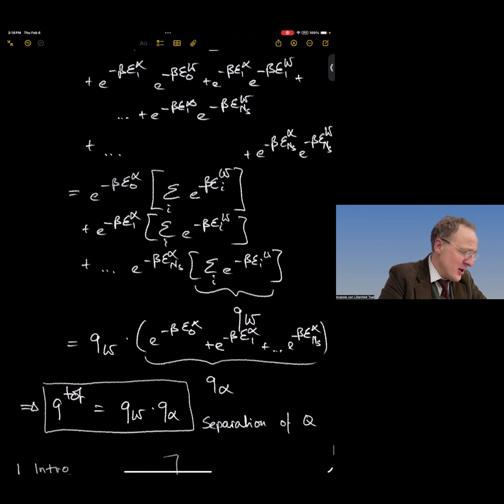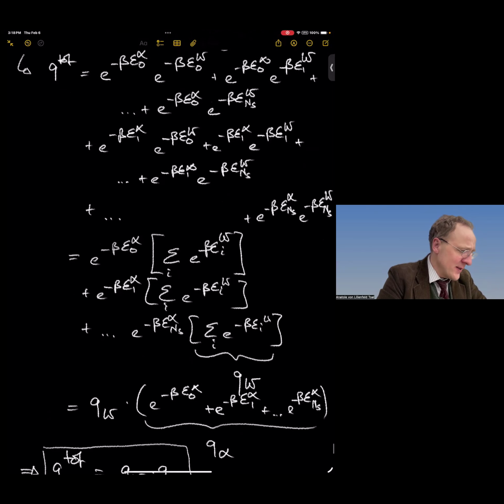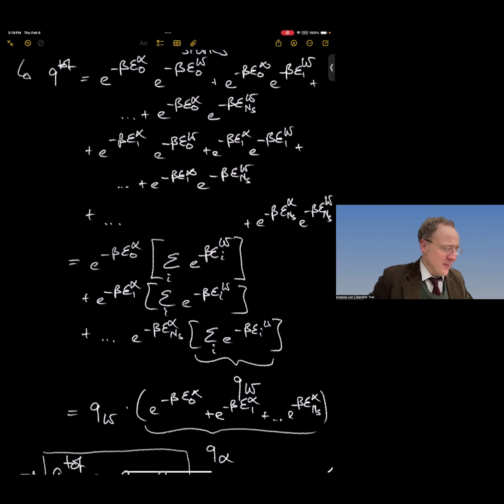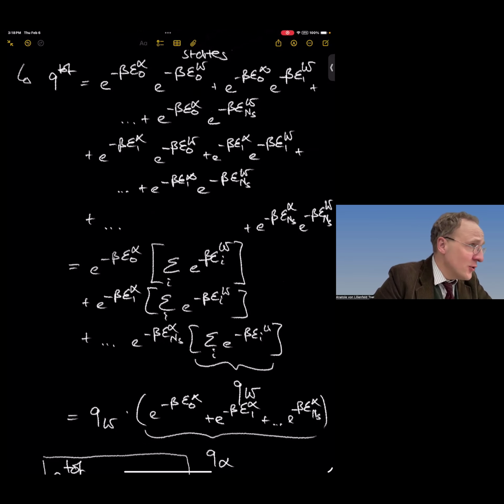Now, with these notes here, we demonstrated this. It's simply factoring, making use of the fact that my exponential function of a sum is the same as a product of two exponential functions, and then factoring out the corresponding terms. Now, we've shown this for two energy modes here, alpha and omega.